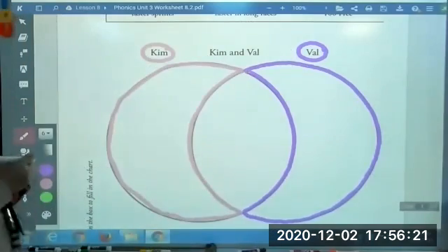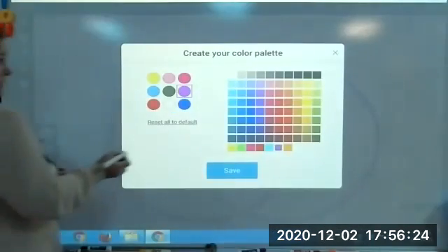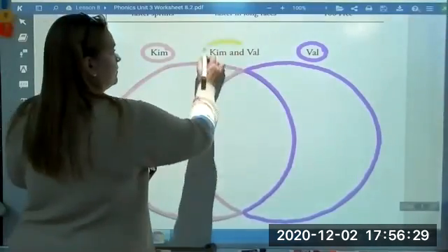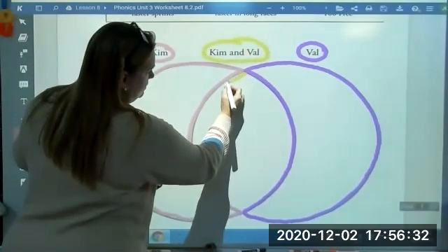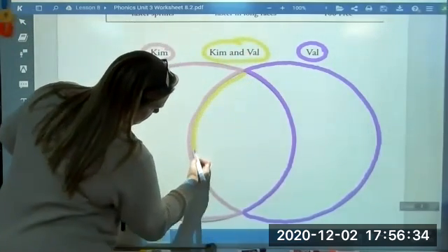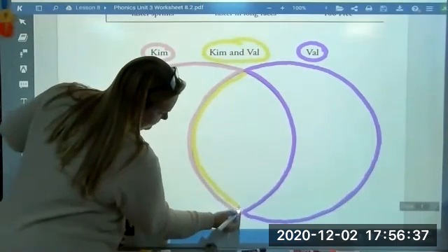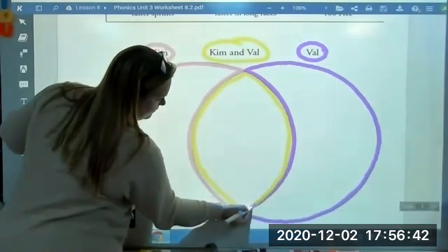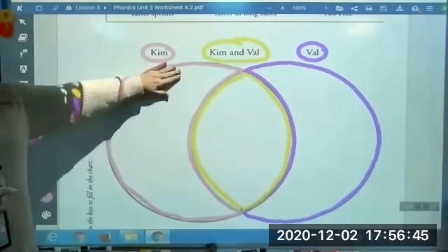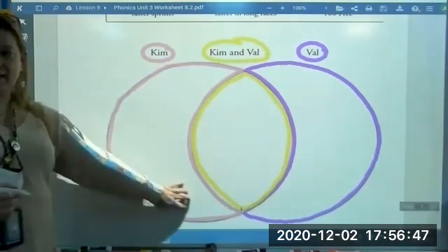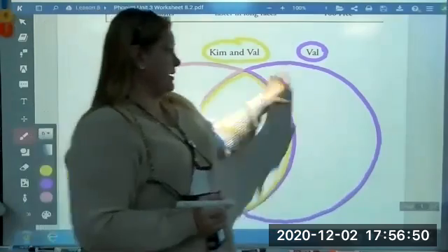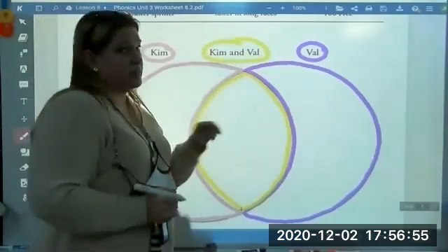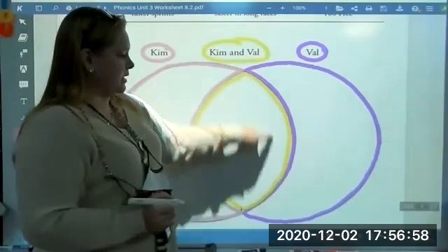If it's something that Kim and Val are both good at, it's going to go in the middle here. Anything that is just Kim goes in the pink side. Anything that is just about Val goes in the purple side. And anything that's about both Kim and Val is going to go here in the yellow part.